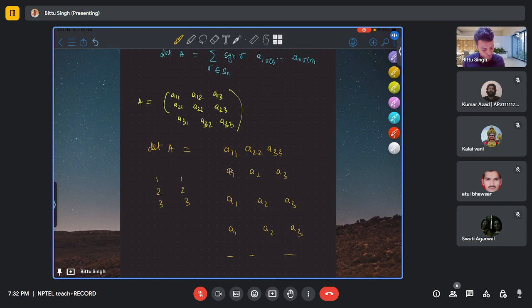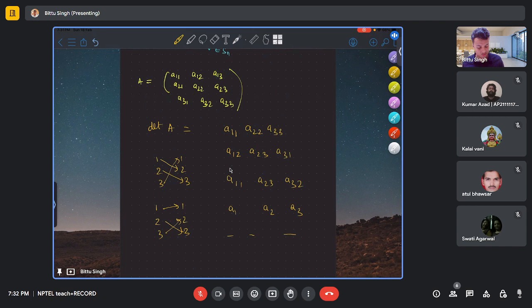Another way will be send 1 to 2, 2 to 3, and 3 goes to 1. And another possibility will be like this: 1 goes to 1, and exchange only those two things, 2 goes to 3, and 3 goes to 2. So there are 6 possibilities. That is 3 factorial ways for this permutation.